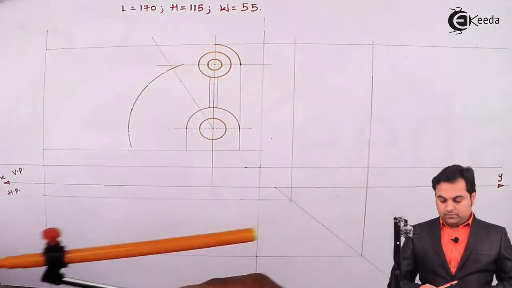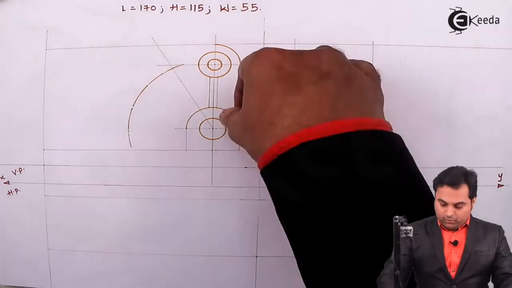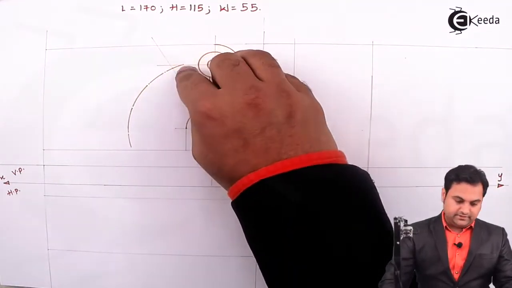So measuring radius as 65 mm. Then where this 30-degree line is cutting this center line.